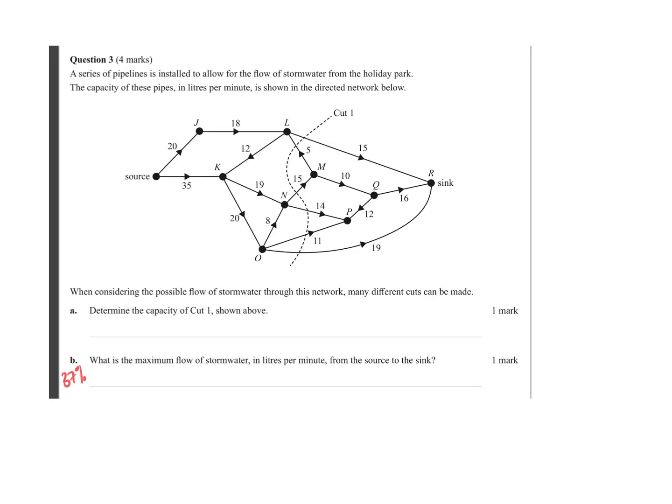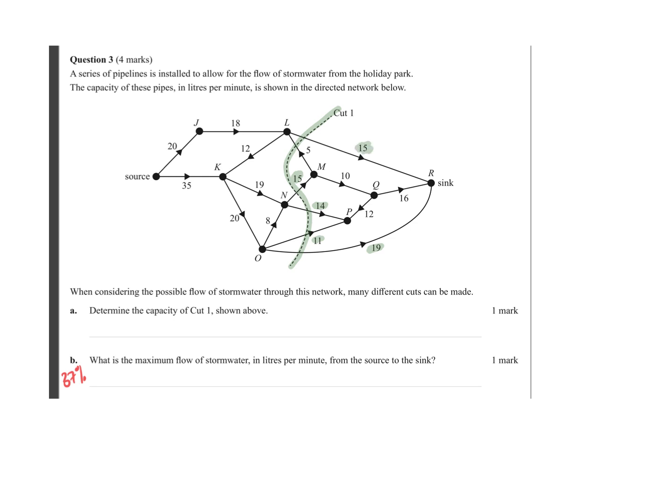Alright, up here it's asking me, if you read it all, I'm not going to read it all, but it says determine the capacity of cut 1, so that's this cut here. So remember, anything going from source to sink, so we'd count 19, we'd count 11, we'd count 14, we'd count 15, and we'd count this 15.